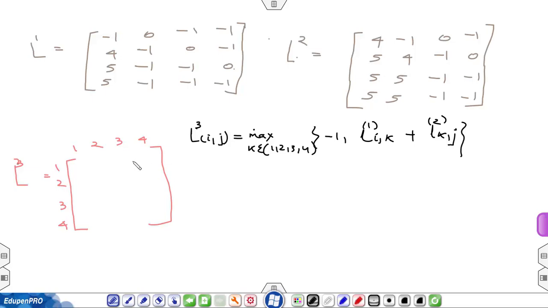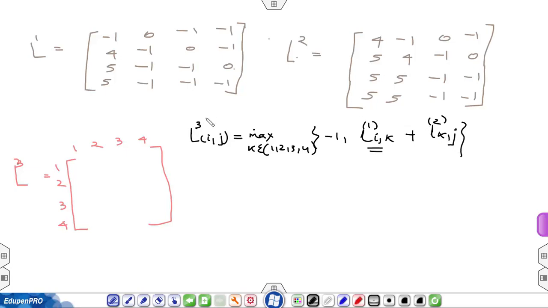So the formula for L3 will be something like this: small l of 3, i comma j, is maximum of minus 1, L of i comma k of matrix 1, so this is from matrix 1, and L of k comma j of matrix 2.